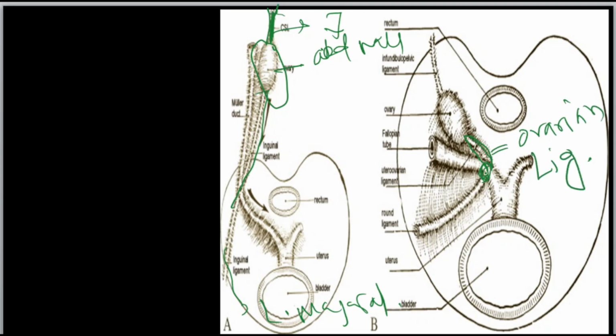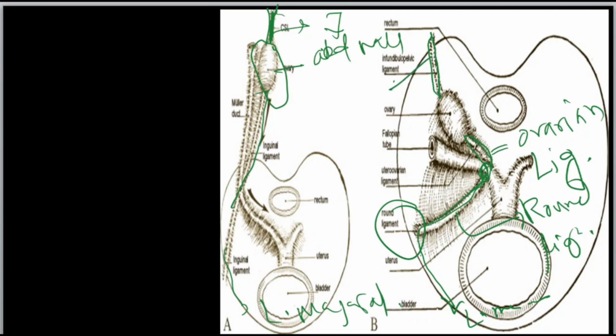And another portion, the lower part of gubernaculum, is attached with the cornu. And finally, the lower part is attached with the labia majora. This structure is known as round ligament. And the cranial part attaches the ovary with the abdominal wall or abdominal structure.